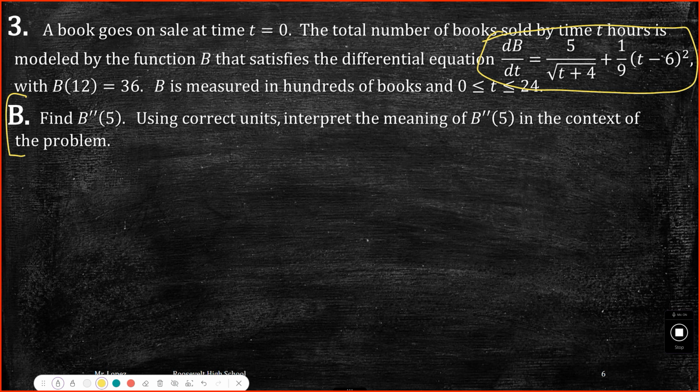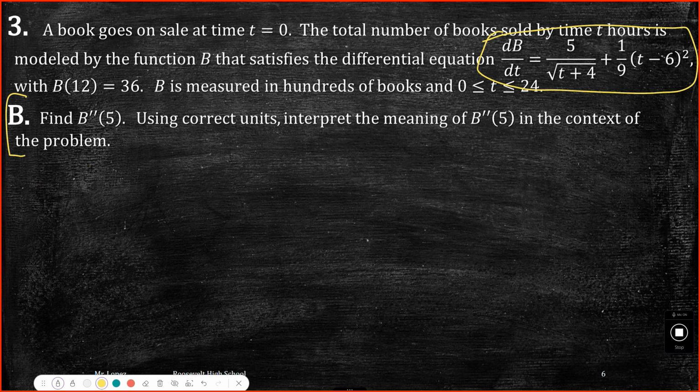So B double prime of 5, this is what we've been doing. B double prime of t is going to be, hold on, let's do this again.